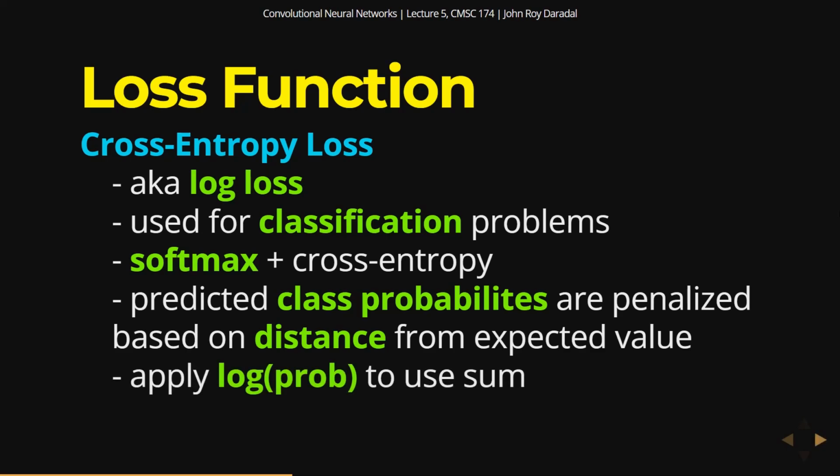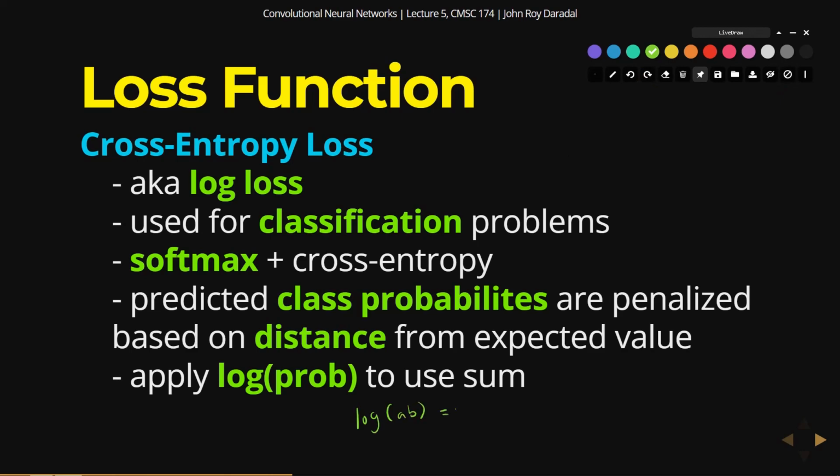But the neat trick for cross entropy loss is, since we're dealing with probabilities, which are usually small numbers, if we are combining probabilities, instead of multiplying them, we apply the log of the probability so that we can use the sum, because log has this nice property wherein log of AB is just log of A plus log of B, right?